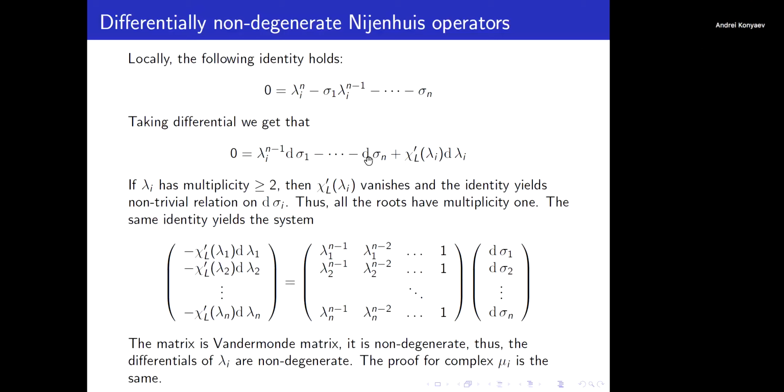If these lambdas are not 0, then you get a non-trivial linear combination. So if this part vanishes identically, then we have a problem, and this means that all lambda i must have multiplicity 1.